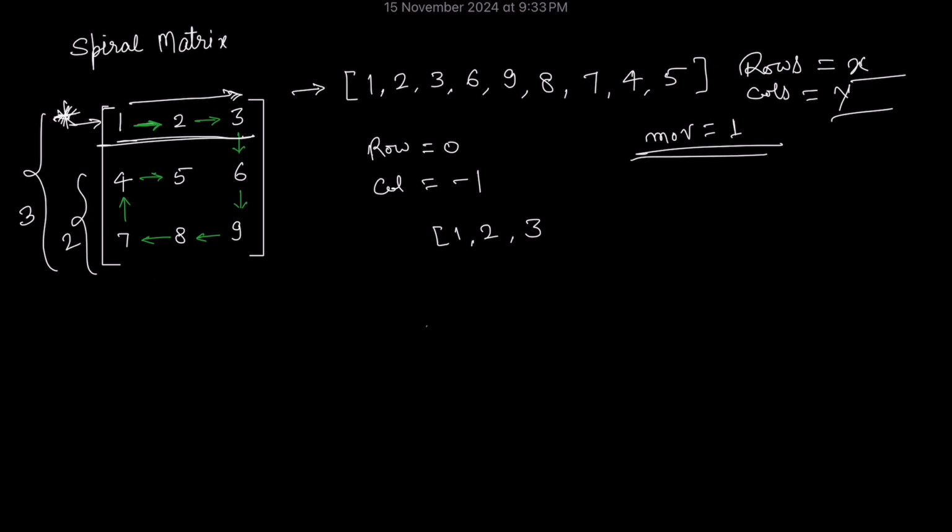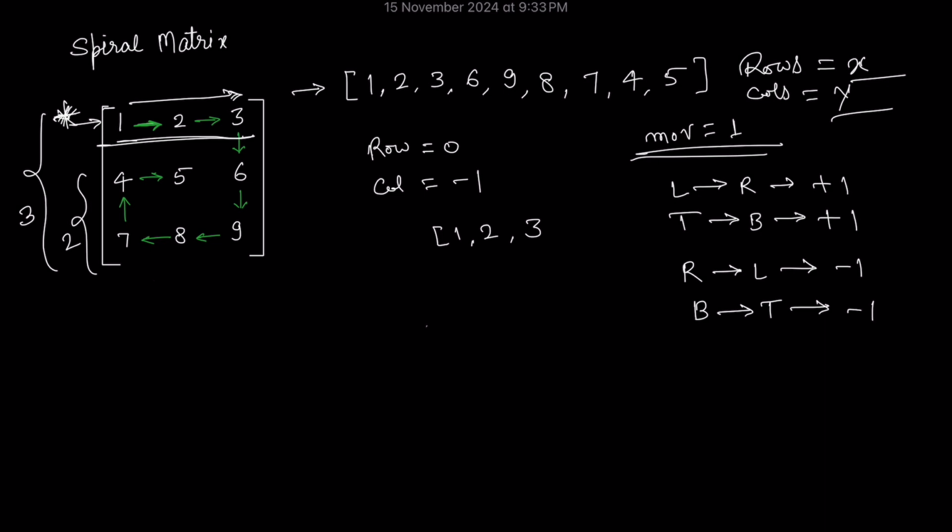This movement we will take as +1 from left to right and +1 from top to bottom also. But if we go right to left, then we will take -1, and from bottom to top we will take -1. Why?